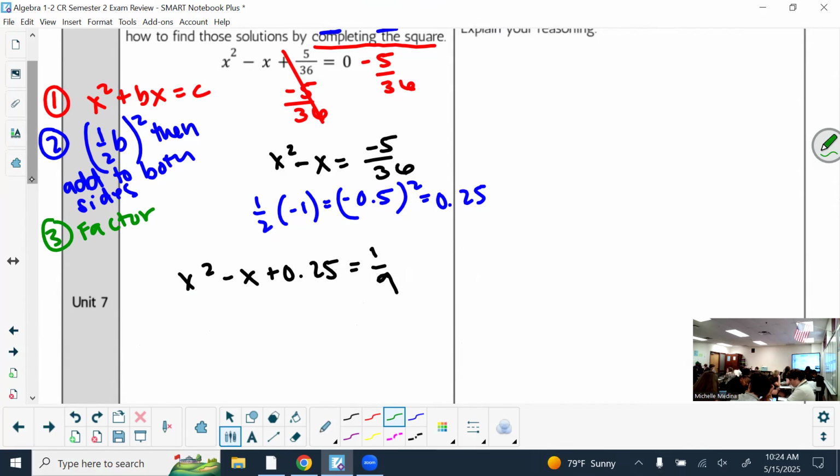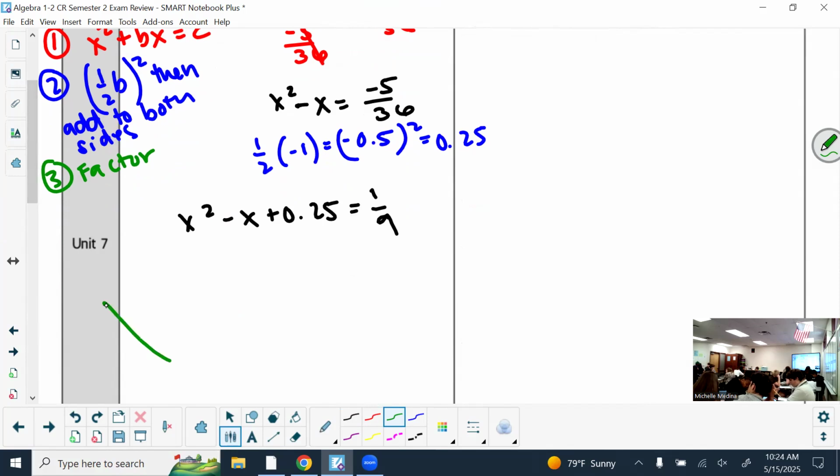I mean, if you didn't remember that, you could try factoring it. What multiplies to 0.25 and adds to -1? And knowing that it has to be the same number here and here that do that, what plus itself will add to -1?